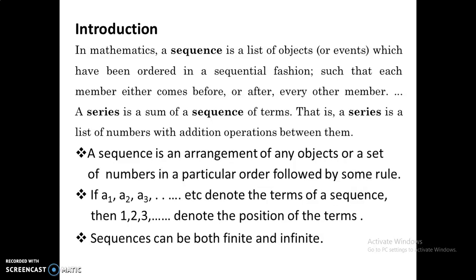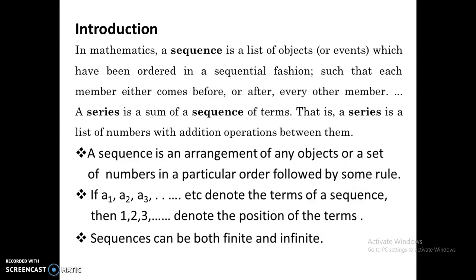While a series is a sum of a sequence of terms, that is, a series is a list of numbers with the addition operations between them. So as we know, what is a sequence? A sequence is a list of objects which have been ordered in a sequential fashion, means which can be arranged in some systematic manner, such that each member either comes before or after every other member.